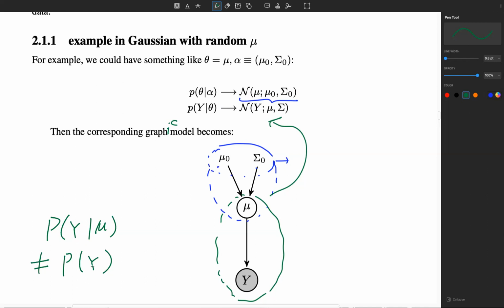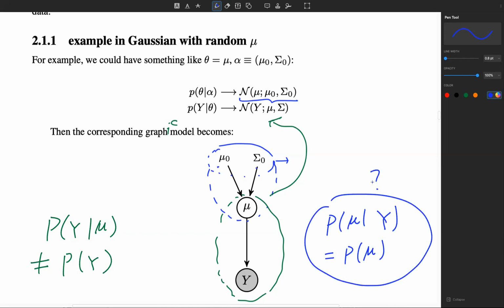But a lot of people will think that P of mu conditioning on Y is this. Is that correct? Mu and Y, they are independent. Is this correct now?